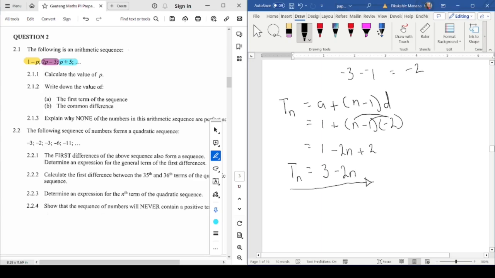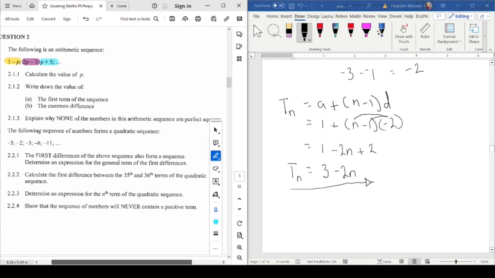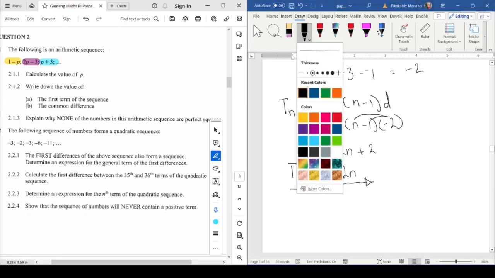So let's look at the next question. It says calculate the difference between the 35th and 36th term of the sequence. Okay, it's complete. Calculate the first difference between the 35th and 36th term. So what I have to do here is simply put this in a calculator.